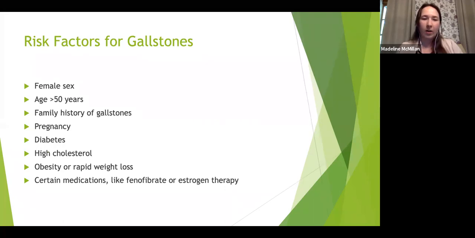If your parents had gallstones, there's a good chance you will have gallstones as well. Pregnancy, diabetes, high cholesterol can also contribute. Obesity or losing weight rapidly can put you at increased risk as well. And certain medications like fenofibrate, which is used for cholesterol, or estrogen therapy can all increase your risk of developing gallstones.